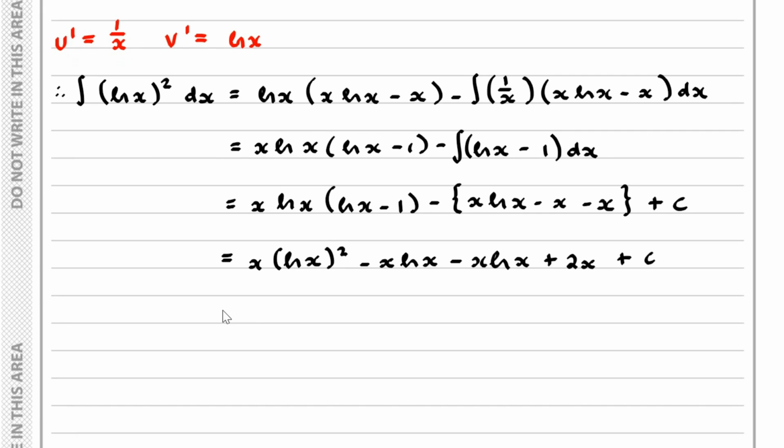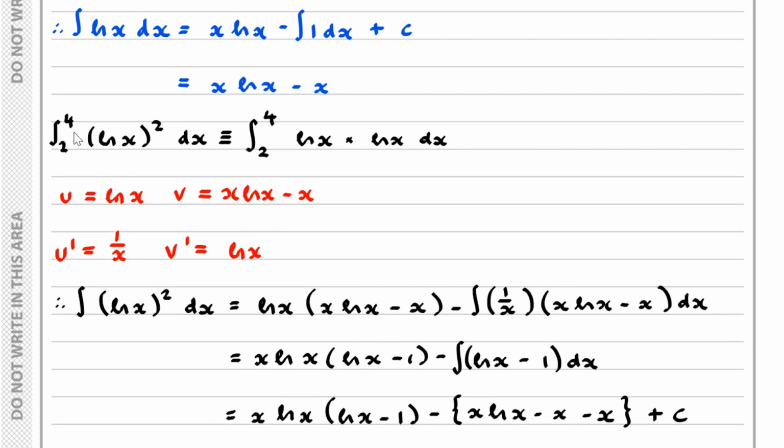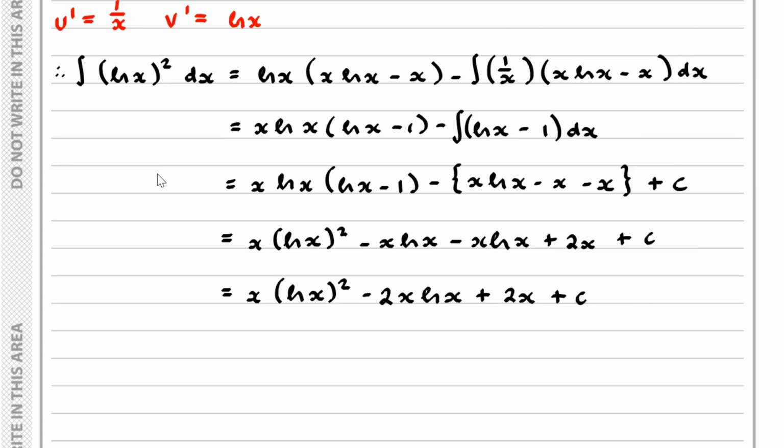So what we end up with over here is x times the natural log of x all squared minus 2x times the natural log of x plus 2x plus c. So what we now need to do is work all of this out using our limits.